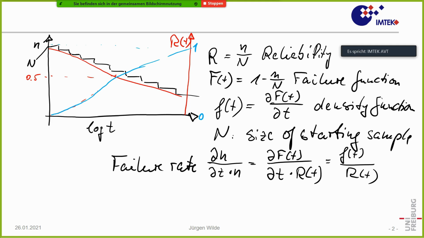These are, let's say, the general differential equations, but of course these formulas can also be applied to specific formulas like the exponential equation or the Weibull equation.